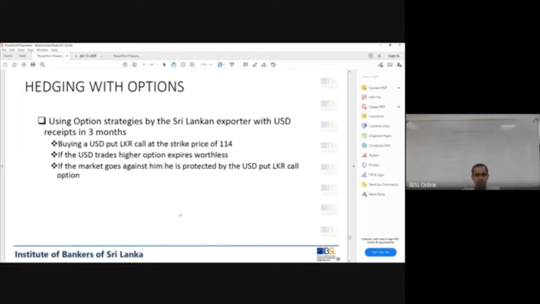Then, using option strategies, the Sri Lankan exporter with dollars in 3 months can buy a dollar put rupee call at a strike price of 114.